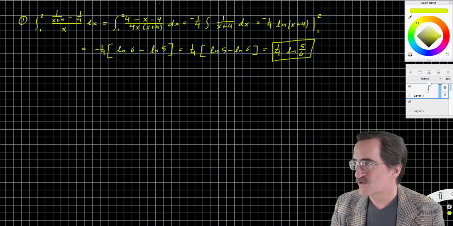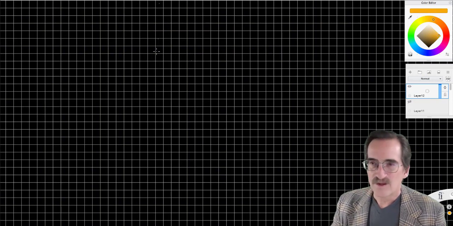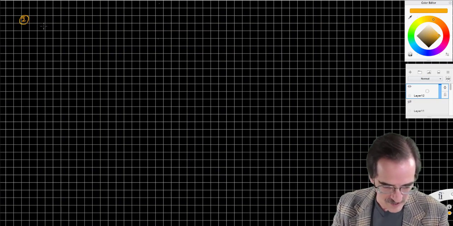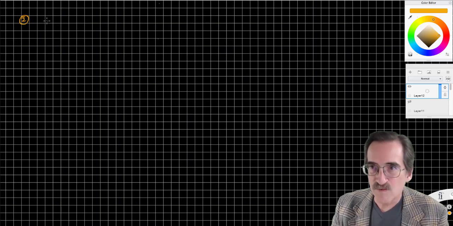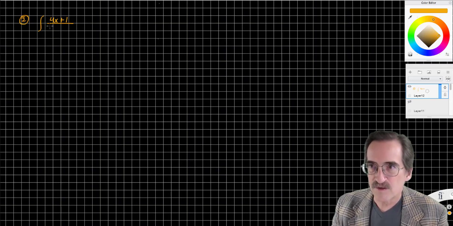That's the first example I'm going to work. Second one. So we have the integral of 4x plus 1 over 4x squared plus 2x plus 3 dx.